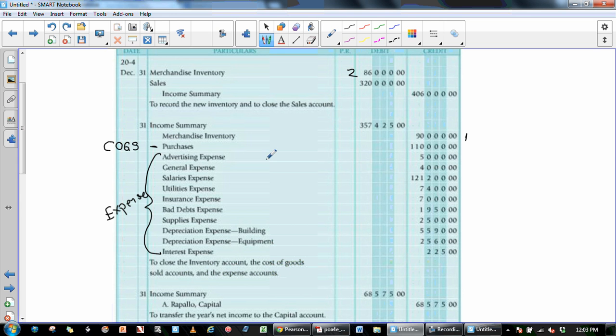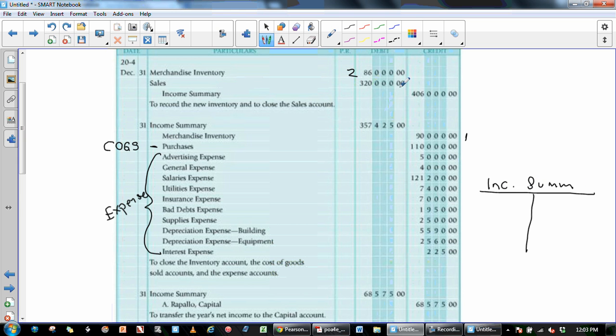Those are all the things that get credited and emptied out into income summary. So all these values get emptied out and put into income summary on the other end. So now you see my income summary account.